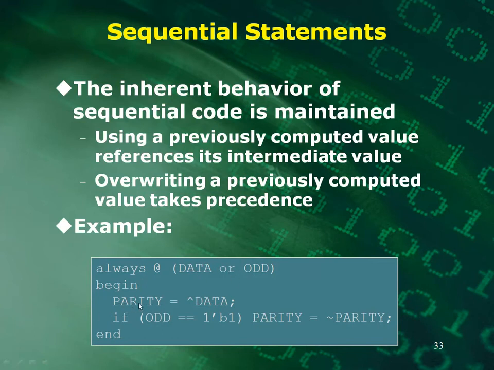Here we started off saying that parity is equal to the exclusive OR of the data. This is a bitwise exclusive OR of all the data bits, however wide this thing is. And I said if odd equals true, then parity gets set to the not of parity.